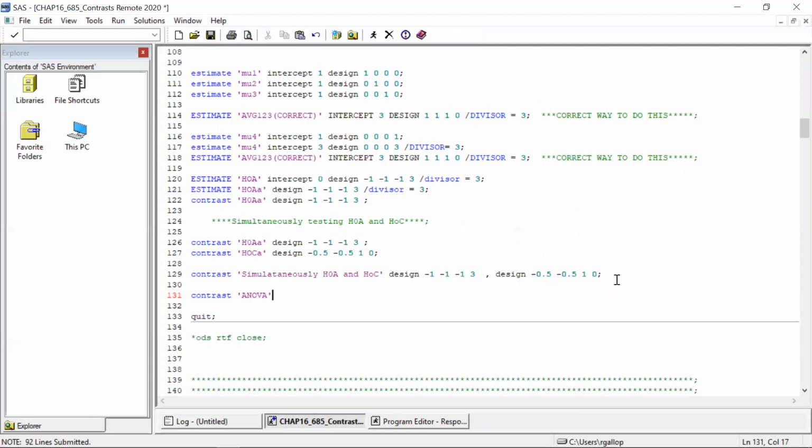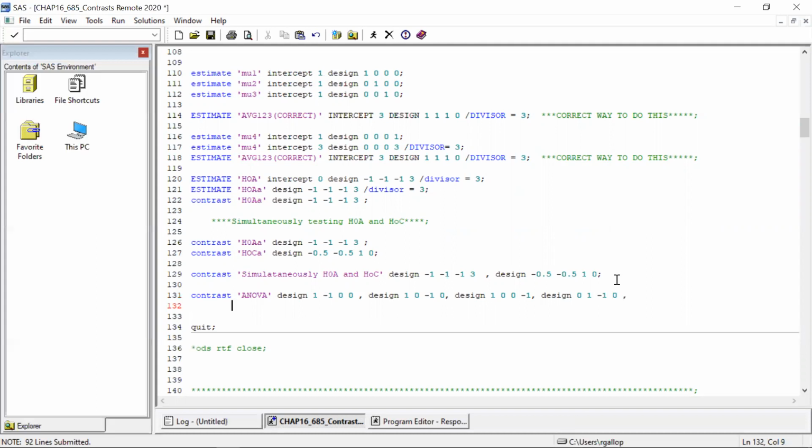All right, so with the ANOVA model, if I go design 1 minus 1, 0, 0, that's mu1 compared to mu2. That's mu1 compared to mu3. Mu1 compared to mu4. Two compared to 3.